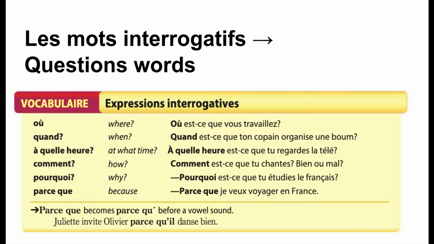So whenever you see pourquoi, why, you'll want to be on the lookout for parce que, or know that you can answer with parce que. Okay, so we're going to talk a little bit about these, and then as we look through the examples, I imagine that you're realizing that you have seen these before.